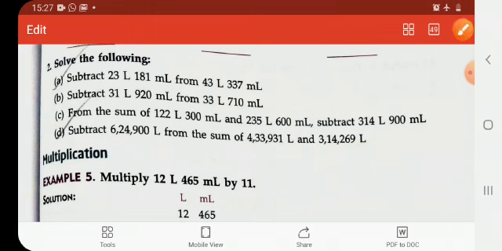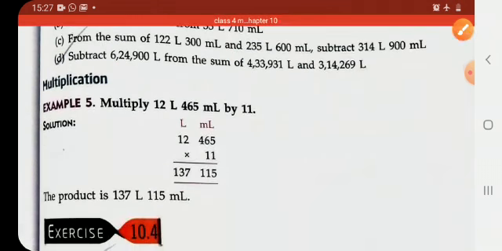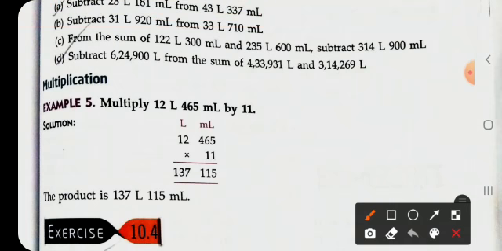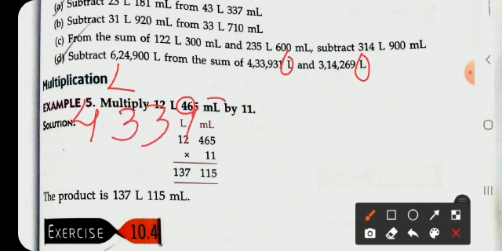So first we will find the addition of the numbers. Since it is only in liters, only one column will be there, that is 4,33,931 liters added to 3,14,269 liters.